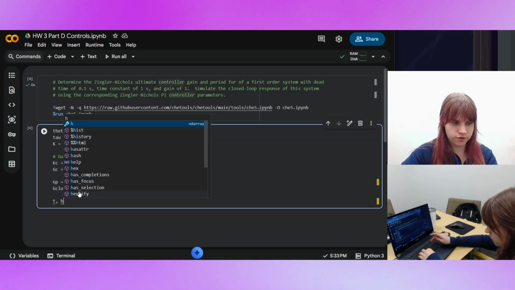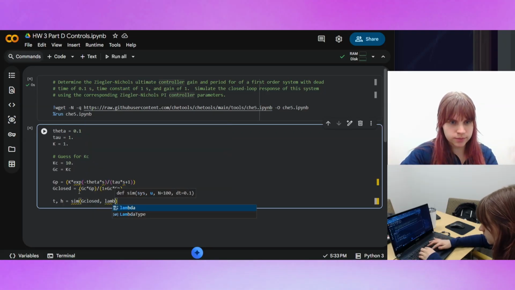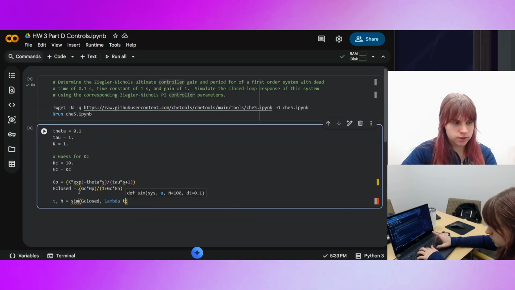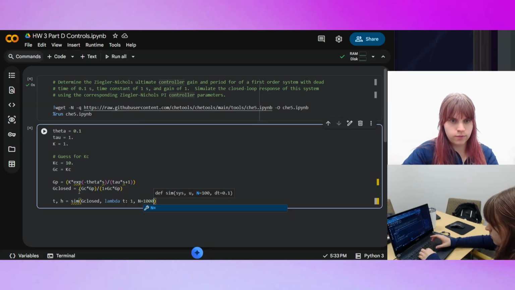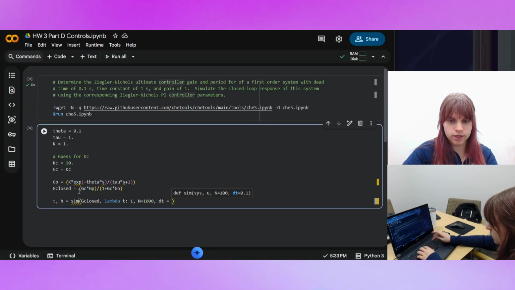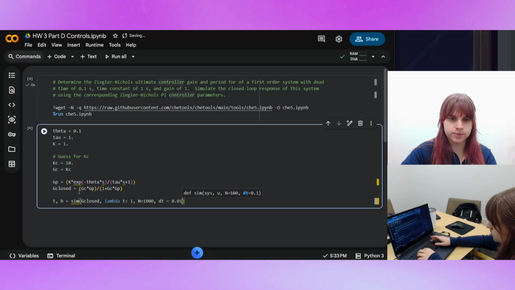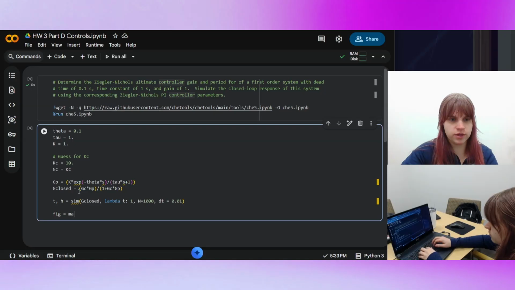Like we did in the last video, we're doing our sim for G closed, lambda t1, 1000 steps this time, and our dt is going to be 0.01. Our fig is going to be make subplots, as always.